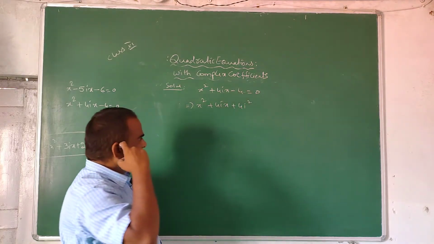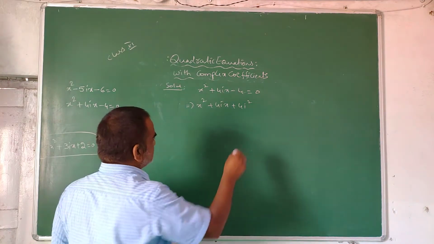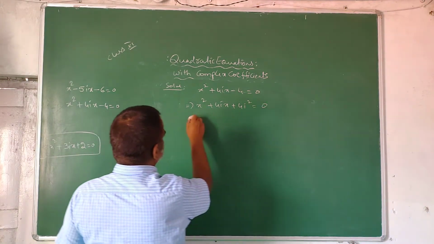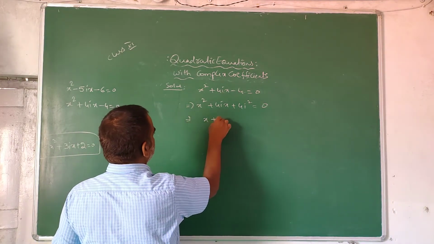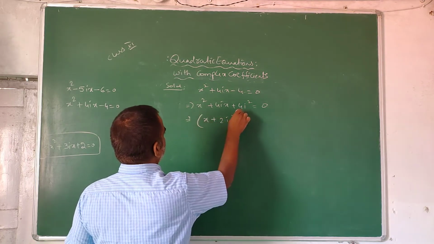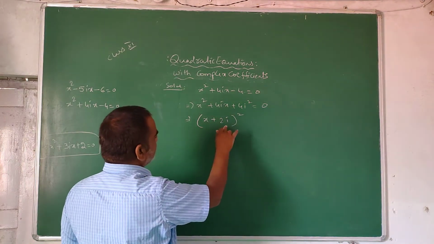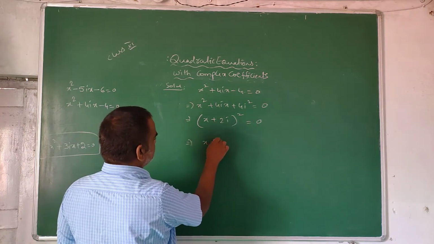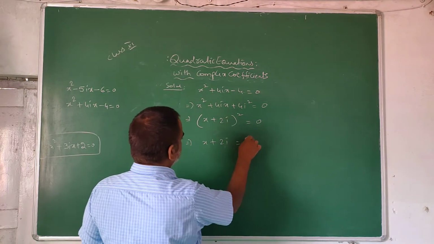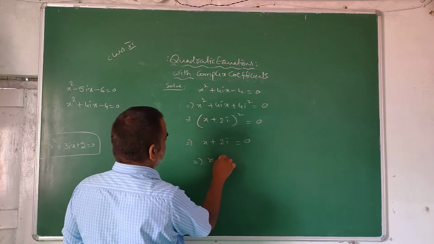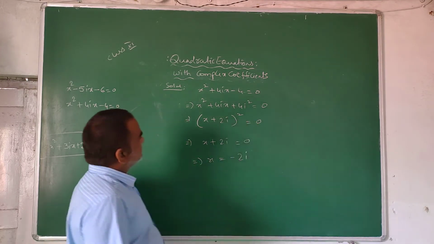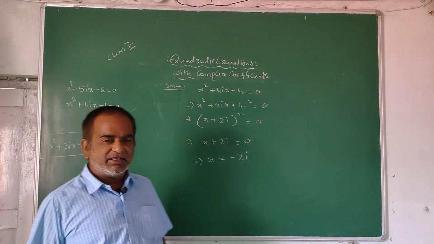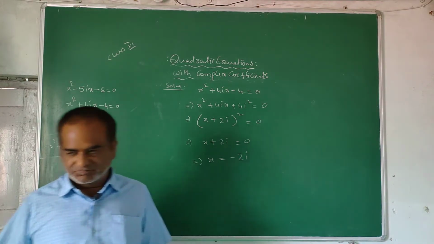Did you understand? This is equal to 0. So this can be written as x plus 2i the whole square. You can easily observe, if you expand the same, you get the original. This implies x plus 2i is equal to 0. Implies x is equal to minus 2i, equal roots, minus 2i, minus 2i. So understood?